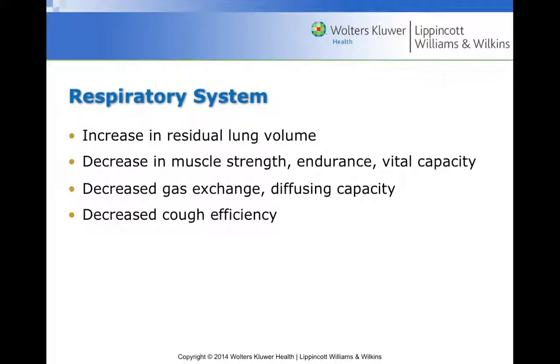Before we jump into the respiratory system, I do want you to take a look at Table 11-1 in your text on page 186 that goes over the age-related changes in the body systems and health promotion strategies. It breaks down each system briefly, and then it gives you subjective and objective findings.